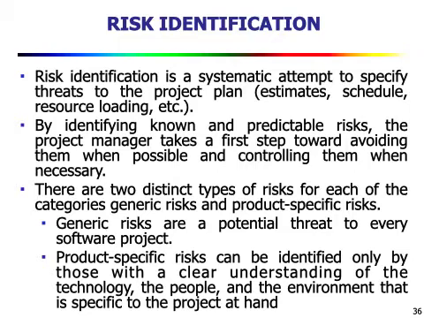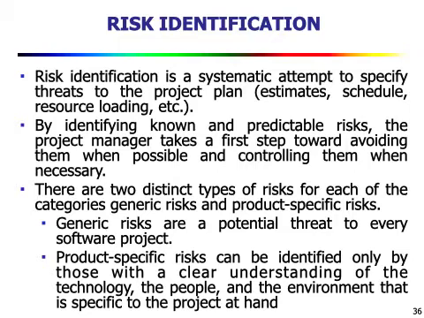There are two distinct types of risk for each of the categories, that is generic risk and product specific risk. Whether it is a known risk or a predictable risk, there will be generic risk and product specific risk.